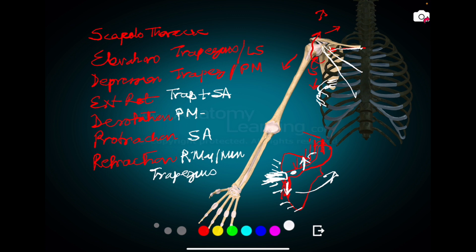So you would remember that the scapula moves on the chest wall, and the movements are elevation, depression, external rotation, derotation of the external rotation, protraction and retraction.